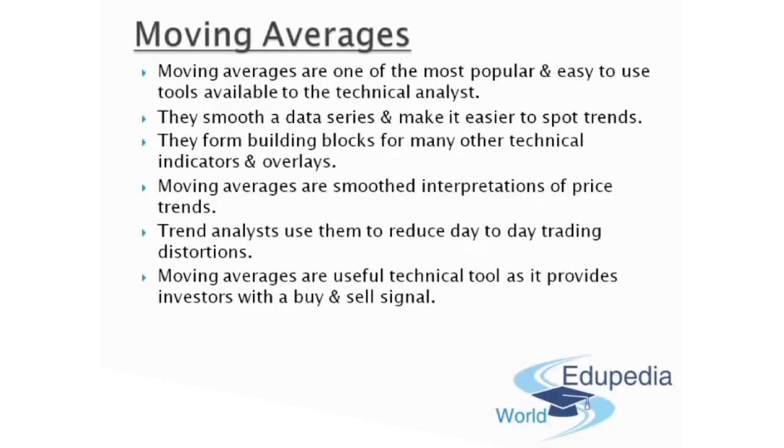Okay. And apart from this, whenever a security's price crosses its moving average from below, it's basically an indication of the beginning of an upward trend. Always remember that, guys. And when it crosses from above, then it's a signal of a downtrend.